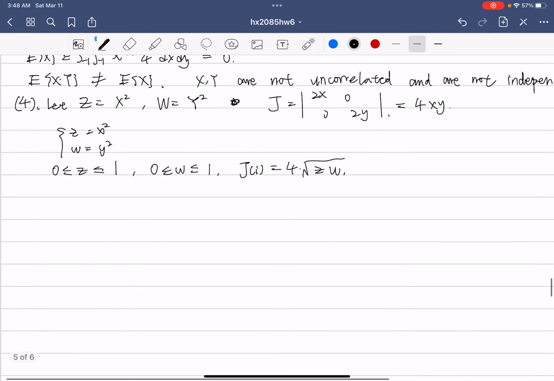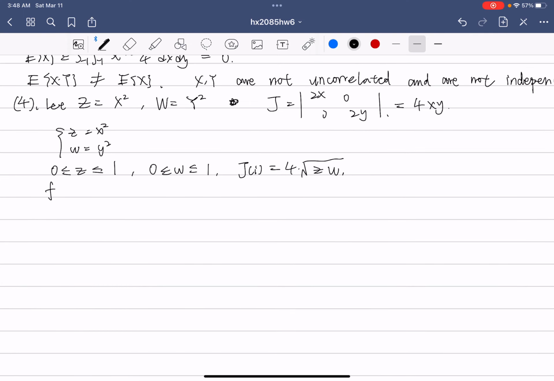And we can get the joint density function of z and w, which is the joint density function of xy with x as root z and y as root w, divided by the absolute value of the Jacobian.